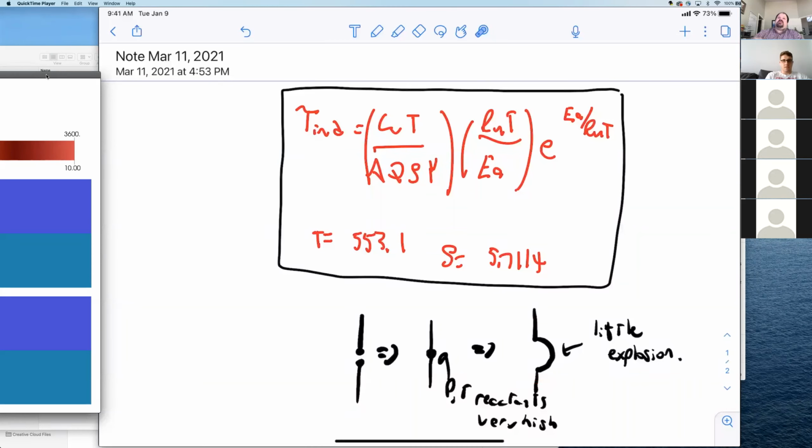Then it slows down enough that eventually the detonation here fails, and it becomes the incident shock. Again, it's really complicated, but it's actually very interesting and sort of beautiful gas dynamics.